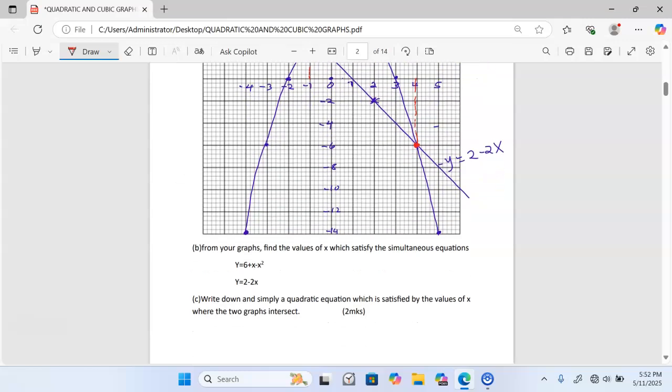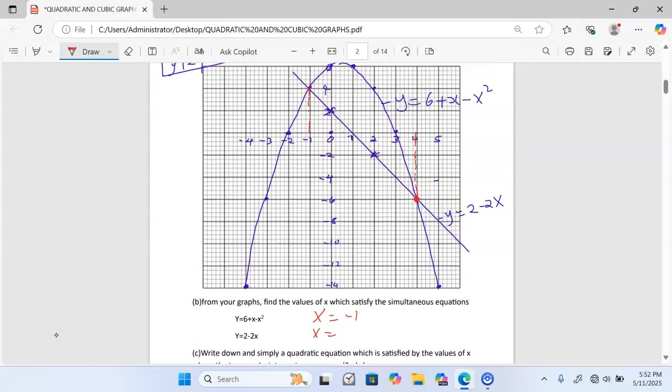And in this case now, the values of x are going to be equal to, x will be -1, as you can see from this particular point here, and also x is going to be equal to +4. And by so doing, you have found the values of x which satisfy the two simultaneous equations.